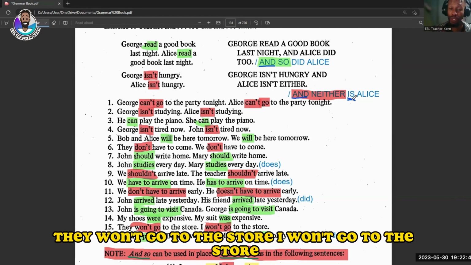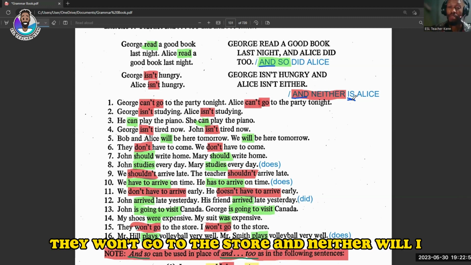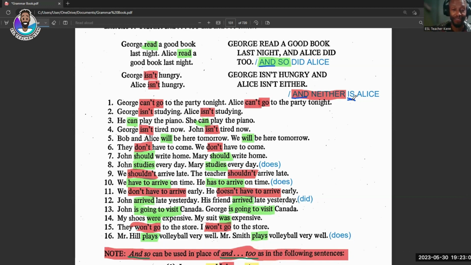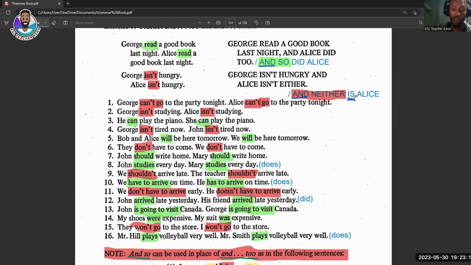They won't go to the store. I won't go to the store. They won't go to the store, and neither will I. Mr. Hill plays volleyball very well.